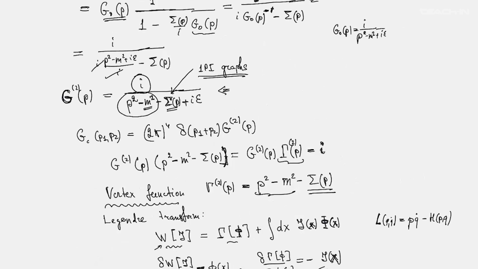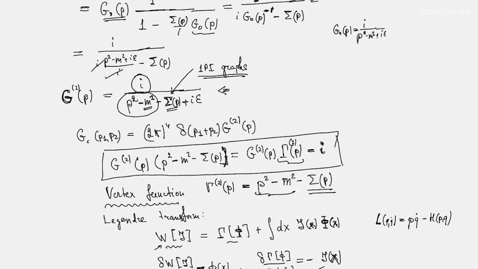So originally my derivation started from the introduction of self-energy, so one-particle reducible graphs, and then I said that this formula which we got makes it convenient to introduce the quantity gamma 2, which is related to the propagator, to the full propagator or dressed propagator, by means of this formula.